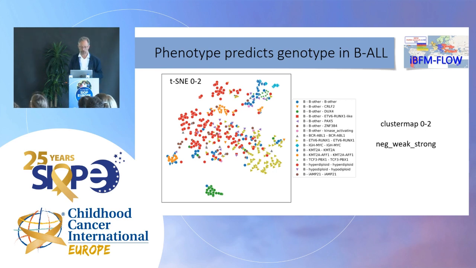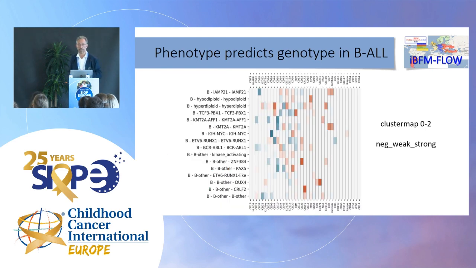And I will show you what actually is the situation. You can build information on the various antigens, which genetic subtype goes along with which marker profile. So once I see a marker profile like, for example, I'm not going to speak now about DUX4 and CRLF2, it's too easy. A single marker profile to inform on the genotype.